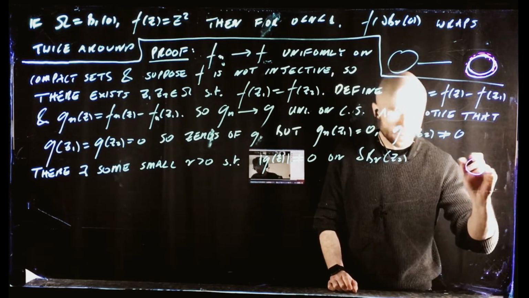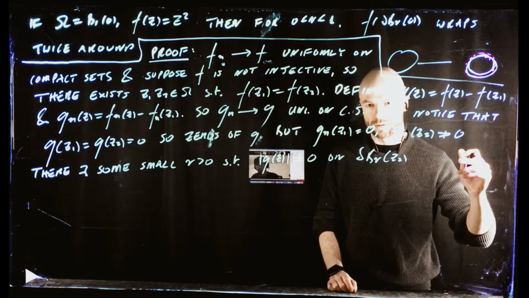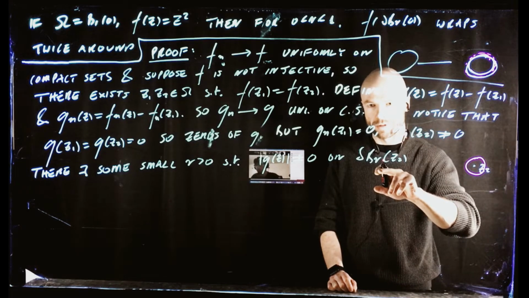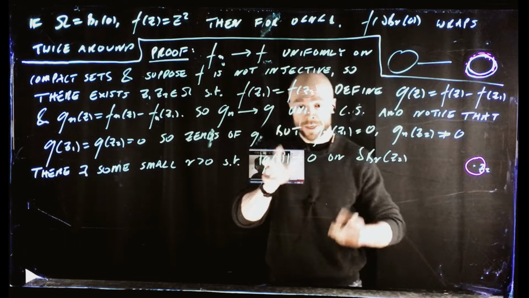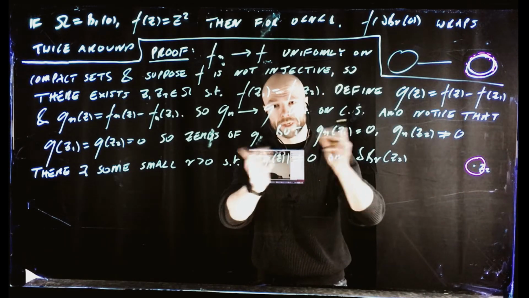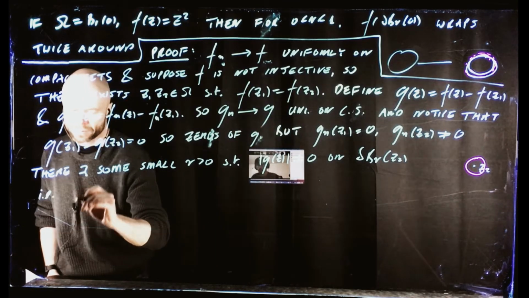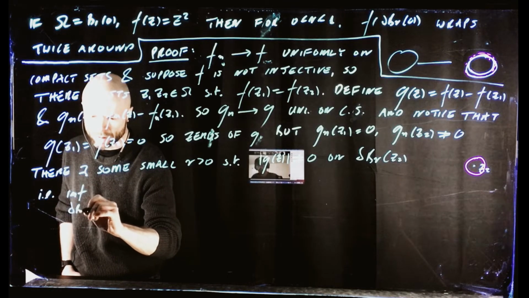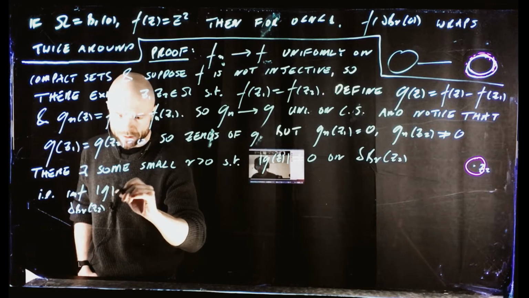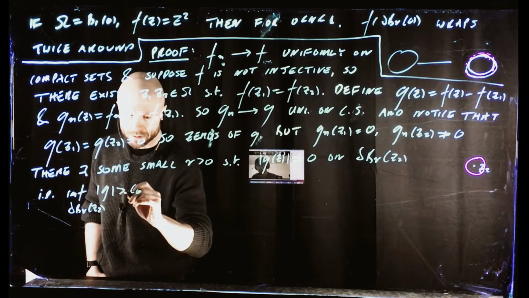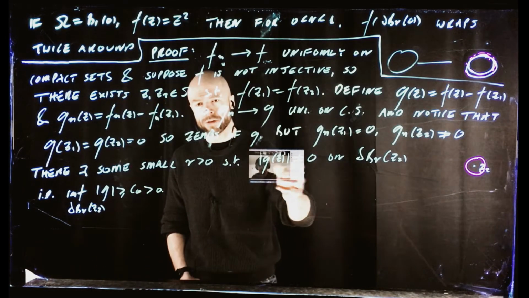So there is some radius where there are no zeros on the boundary, because it's an isolated 0. That's all that we are claiming here. This means that g is bigger than some particular constant just by continuity, i.e. the infimum on the boundary of the ball of radius r around z2 of g is bigger than some constant c, which is bigger than 0. Because if that wasn't true, by continuity it would be a 0.